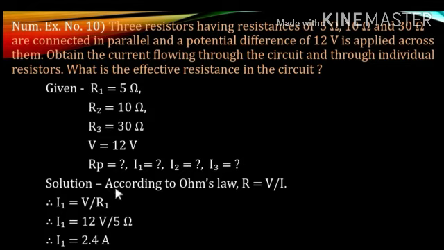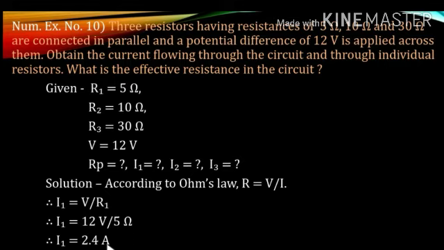Now solution is, according to Ohm's law, R is equal to V divided by I. Now if this I is taken to the left hand side, it will go into the numerator, and this R, when it is transferred to right hand side, it will go into the denominator. Therefore we will get I1 is equal to V divided by R1. Now V, that is potential difference, is of 12 volts divided by R1 is of 5 ohm. This division will be equal to, that is I1 is equal to 2.4 ampere.